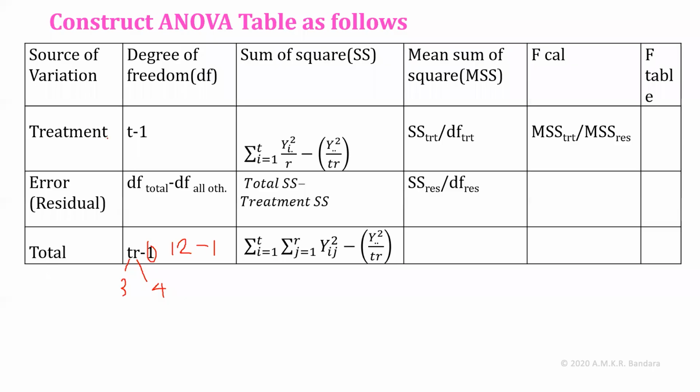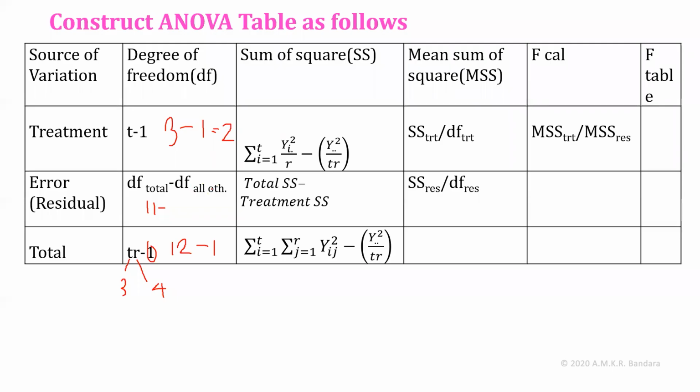Then the treatment degrees of freedom is calculated as number of treatments minus 1. We had 3 treatments, minus 1, so the treatment degrees of freedom is 2. And the error degrees of freedom we find as the total degrees of freedom, that is 11 here, minus all other degrees of freedom.